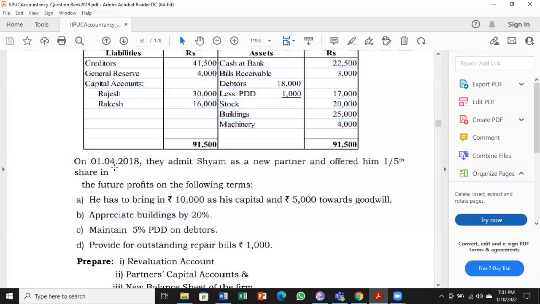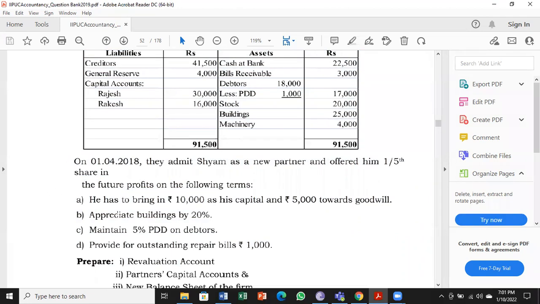On 1st April 2018, they admit Sham as a new partner and offer him a 1/5 share in the future profits on the following terms. So there are 4 terms, 4 adjustments given.